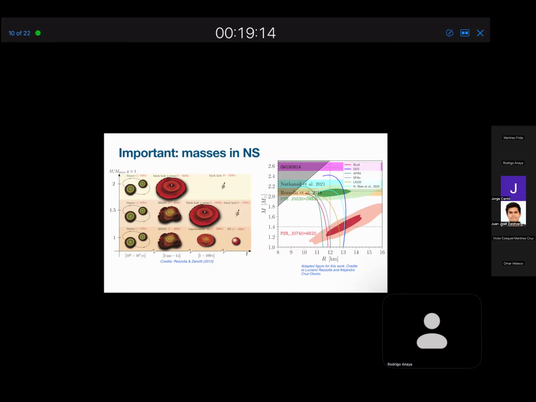We can have, for example, in the case of a very massive binary, the outcome of a black hole and a torus within a fraction of very few milliseconds. If the binary is maybe not so massive, we can have the formation of what we call a hypermassive neutron star, and then eventually this will collapse to a black hole and its torus.